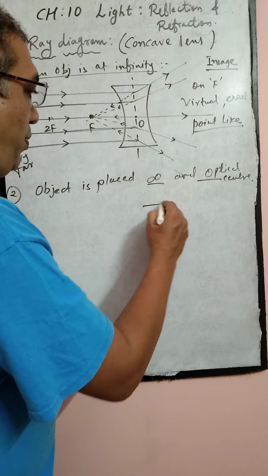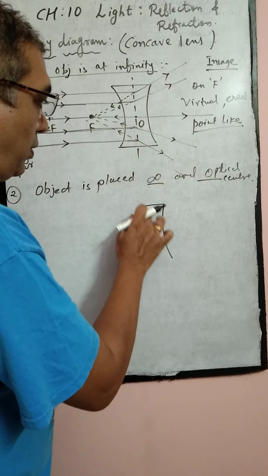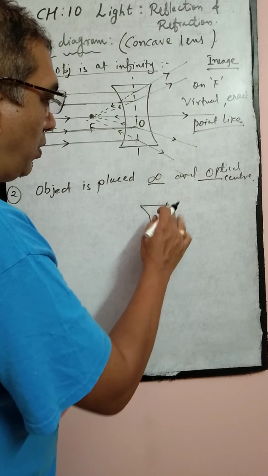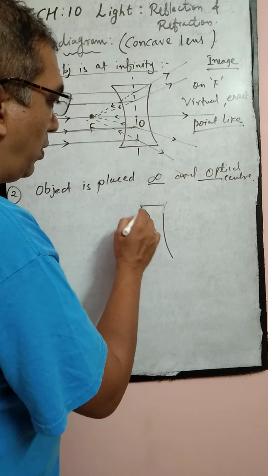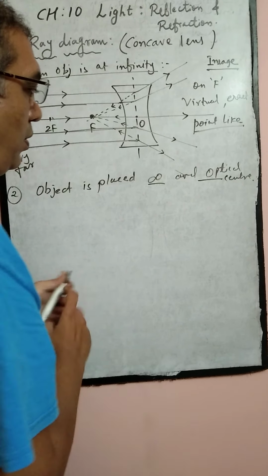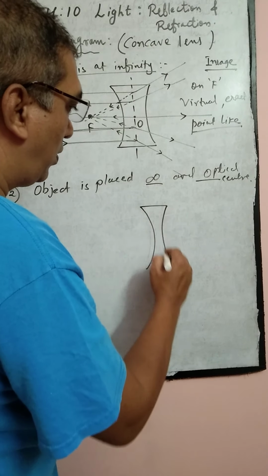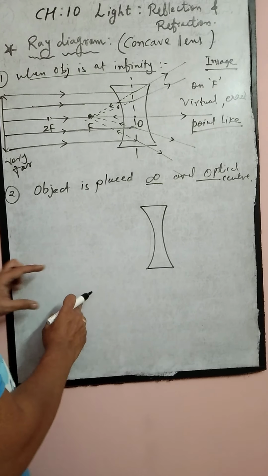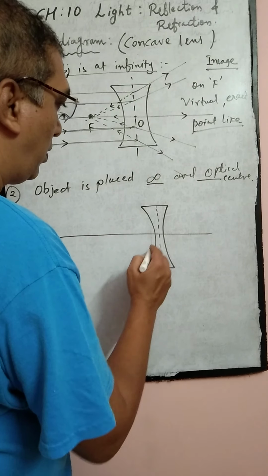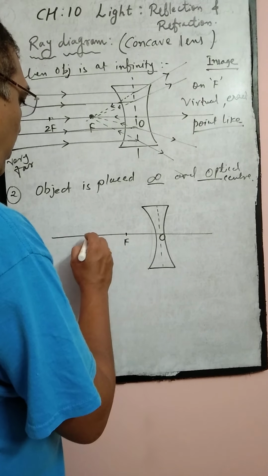So here the object is in between. This is a concave lens, the optical center, and we are marking F and 2F.